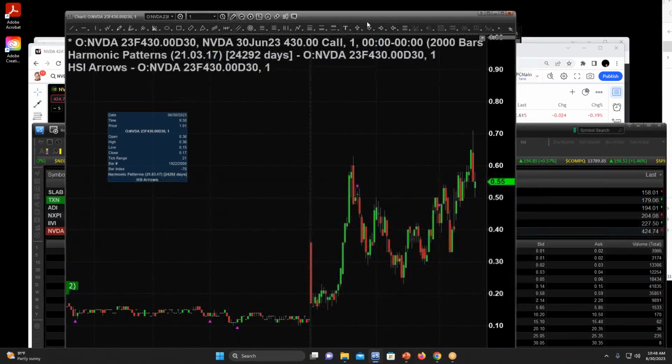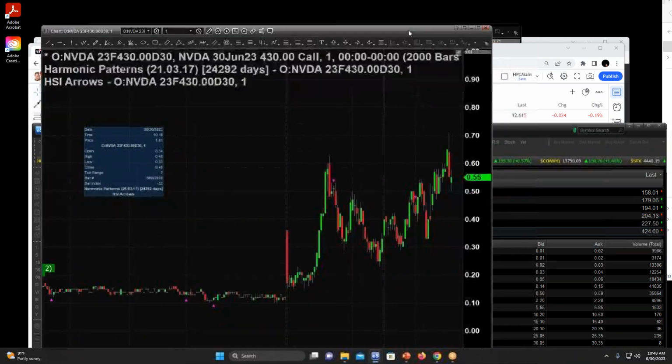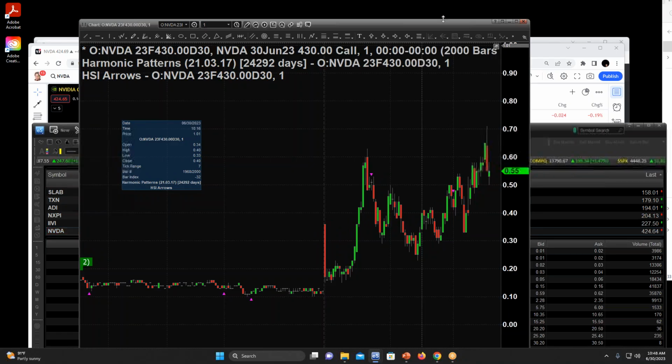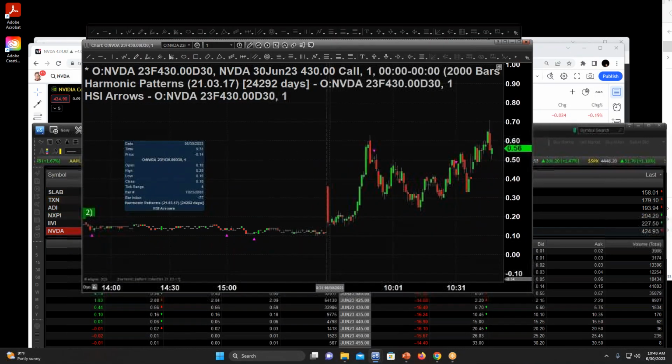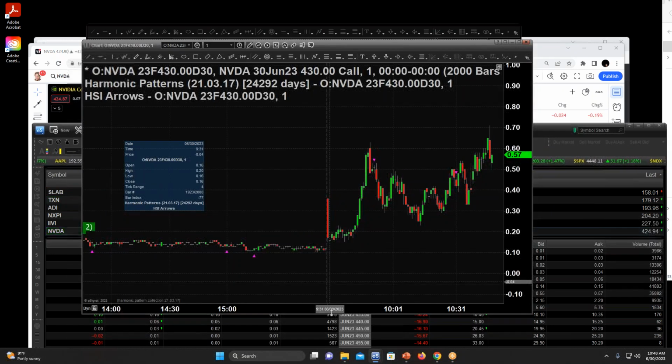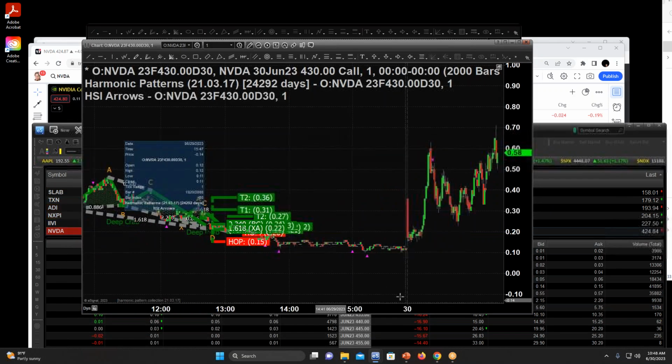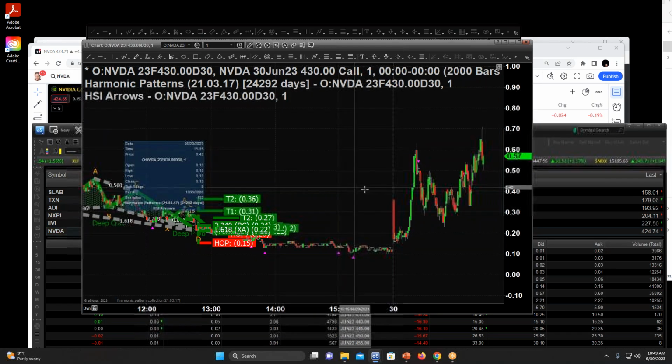Yikes, look at that 430s. Now you had clear patterns in the 410s and the 420s, and those were 1 to 3 strikes out. This was 5 strikes out and pretty ugly, but same deal. You clearly had patterns on there.